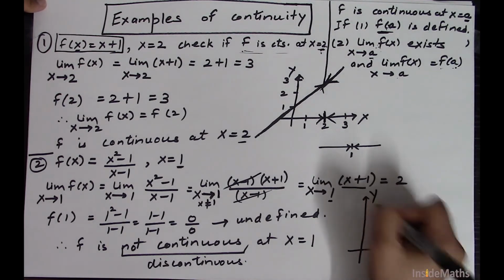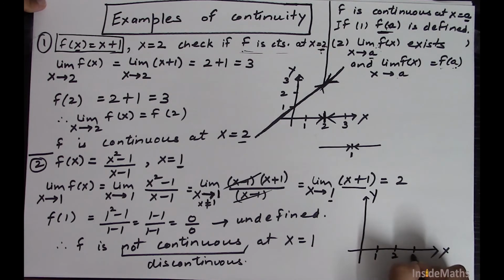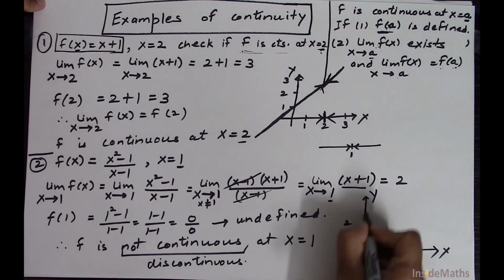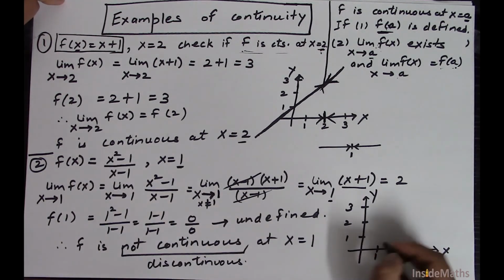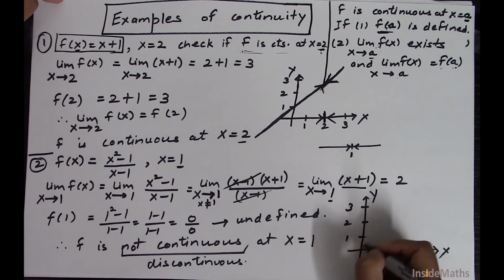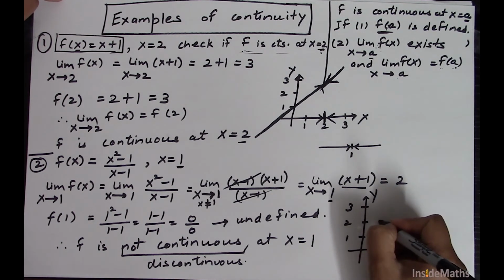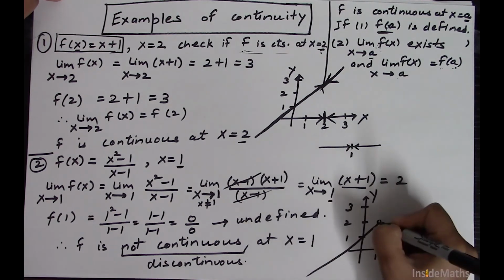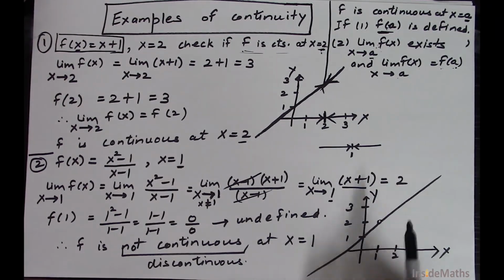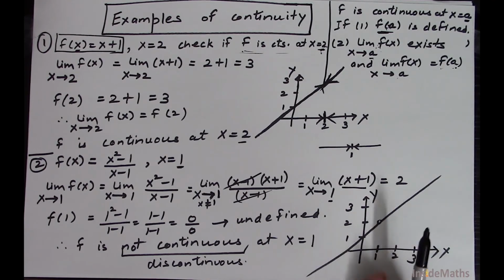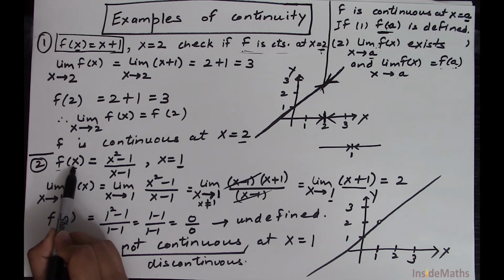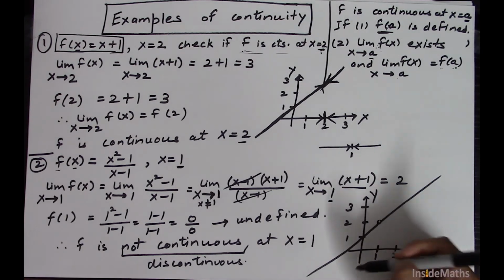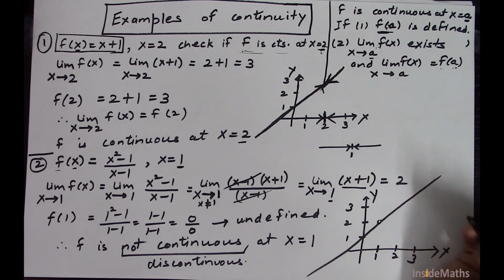This is the x-axis, y-axis, 1, 2, 3. So the graph of this function looks like this. You can make this graph either by finding some values of the function by putting some random values of x in the function and plotting them on this graph, or you can just use a graphing calculator to find this graph.